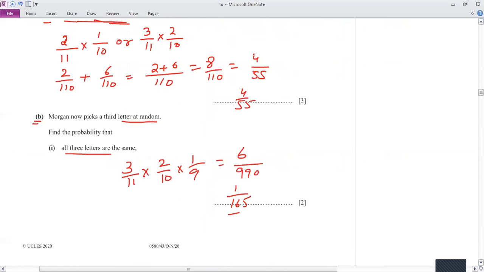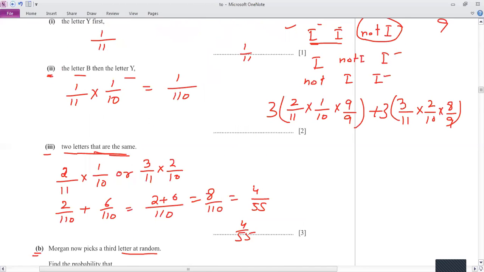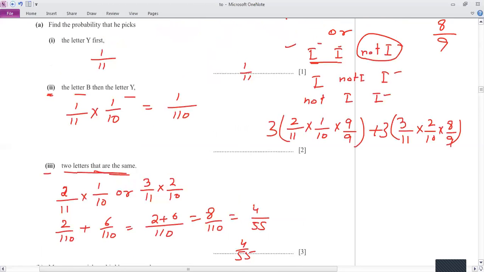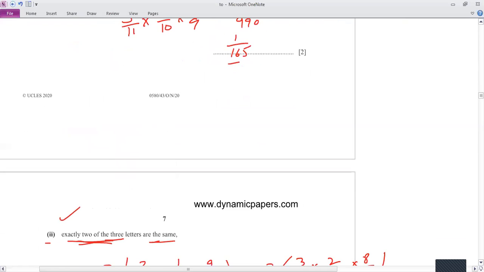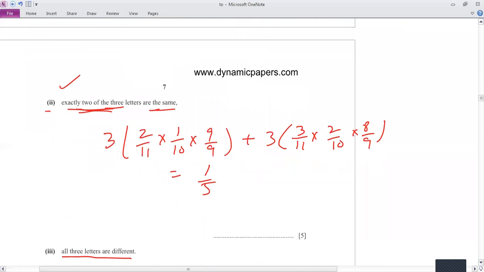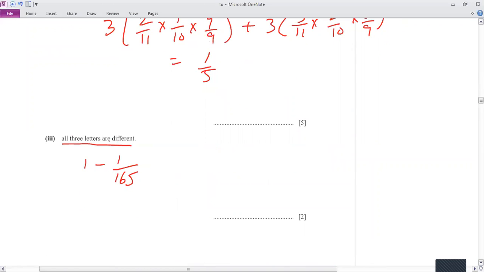Okay. And then we also did one more thing here. The other chance is when all 3 are not same. Because there are 2 possibilities. When we are saying all 3 letters are different, what can be the chances?